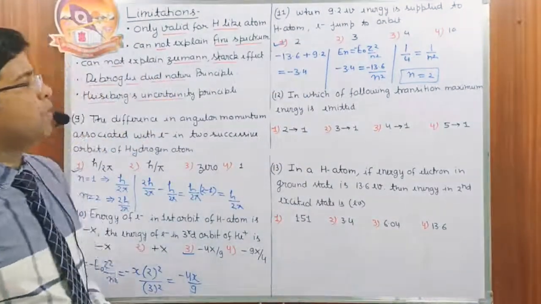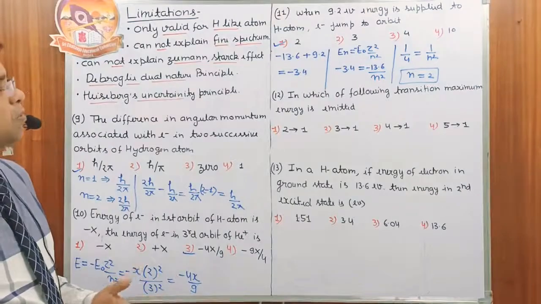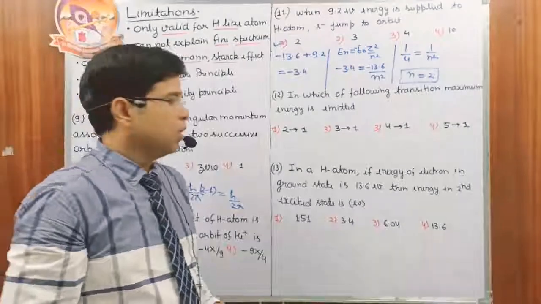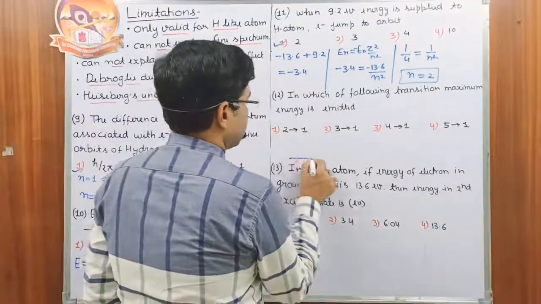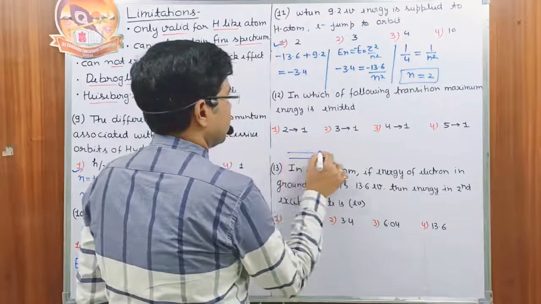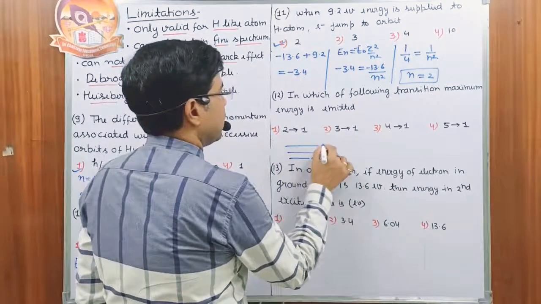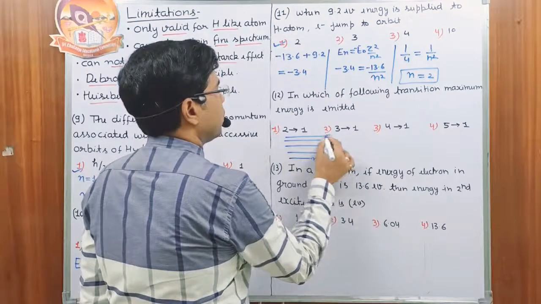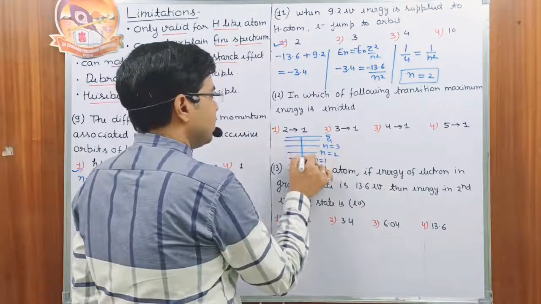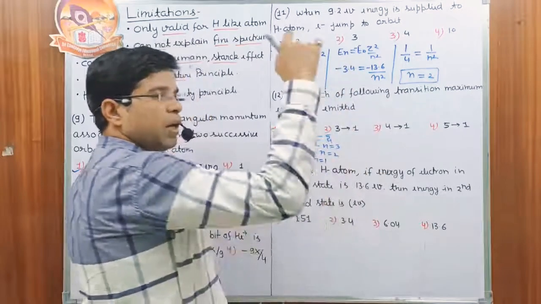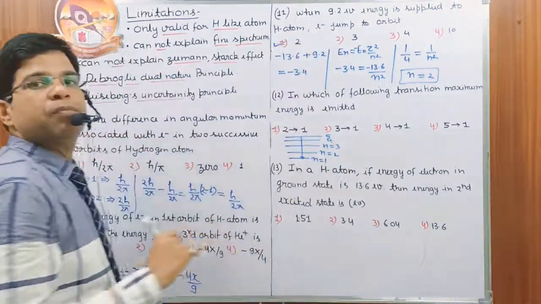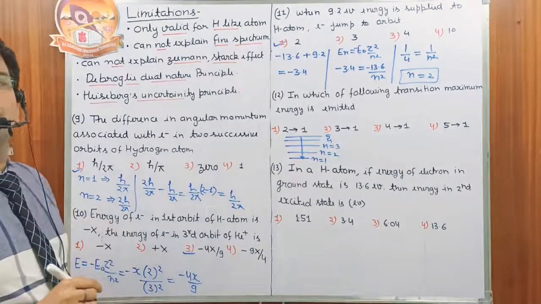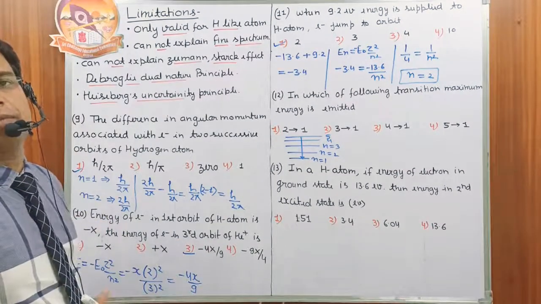Now, in which of the following transitions is maximum energy emitted? It is a very easy question. n is equal to 1, n is equal to 2, n is equal to 3, n is equal to 4, and n is equal to 5. Whenever we have a transition from the highest shell to the lowest shell, we always release energy in the maximum range.